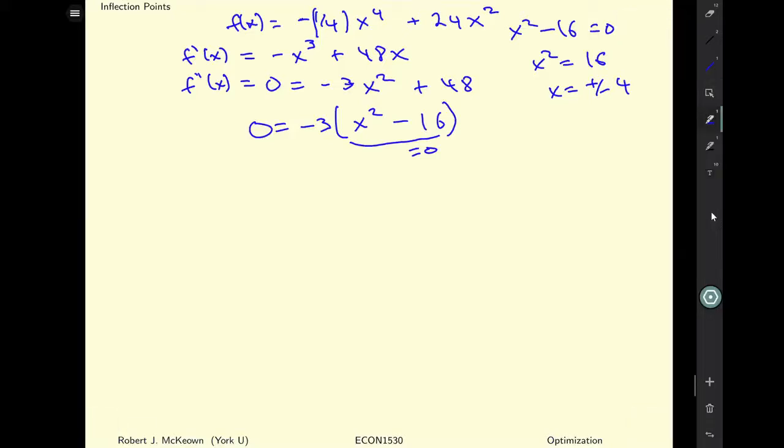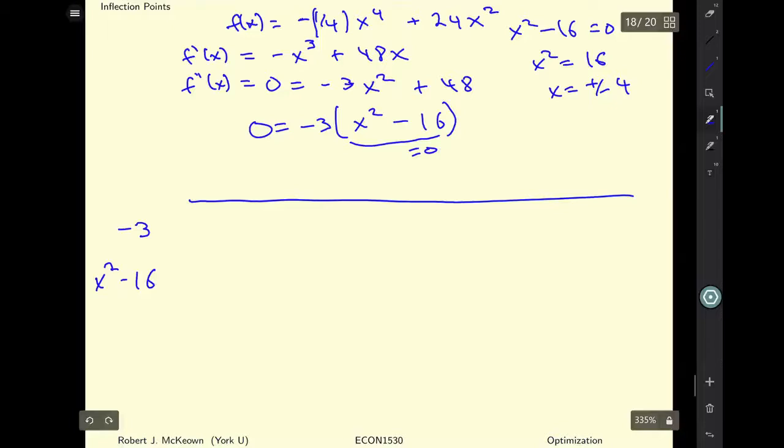I've got negative 3 and x squared minus 16. And I'm going to draw the real number line up here. What are my values of interest here? My values of interest here are negative 4 and positive 4. Not really interested in 0, because when x is equal to 0 in this case, we get an actual number, right?